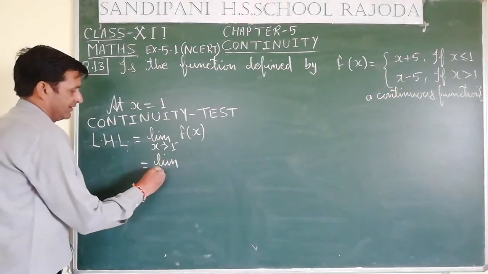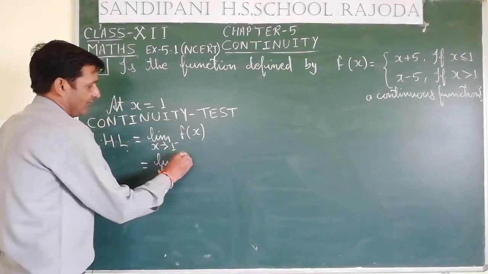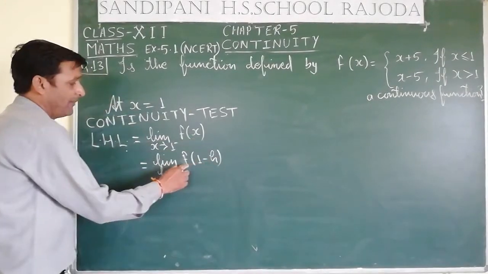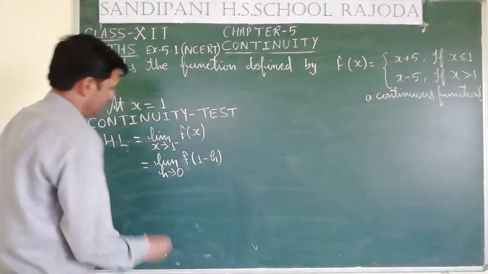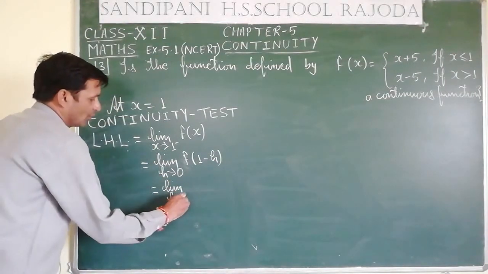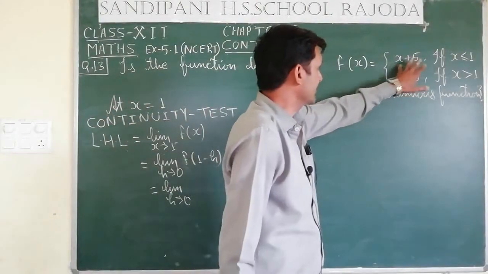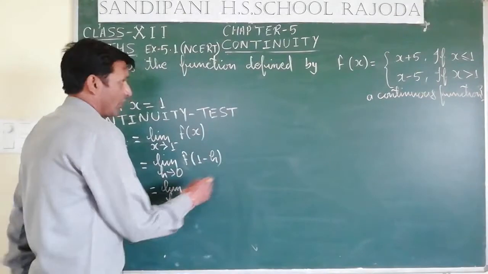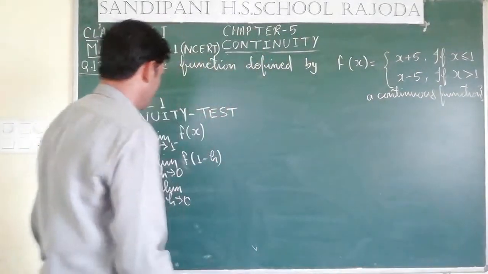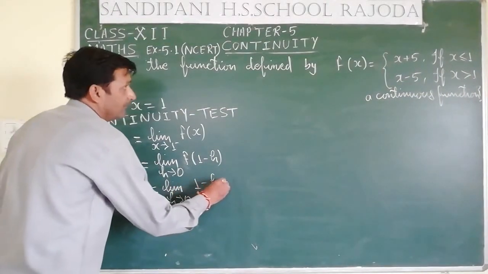So limit h tends to 0, function of x will become function of 1 minus h. Here we have to substitute the value 1 minus h in place of x. So it will be 1 minus h plus 5.